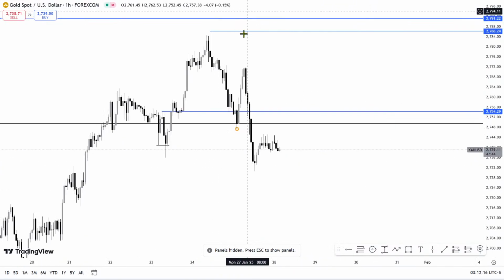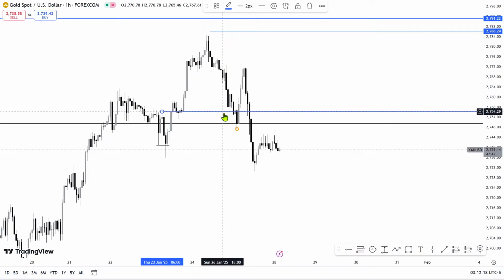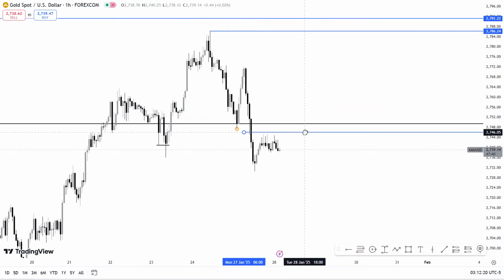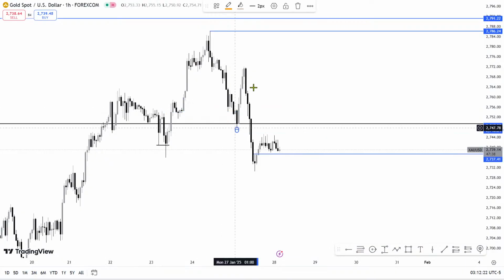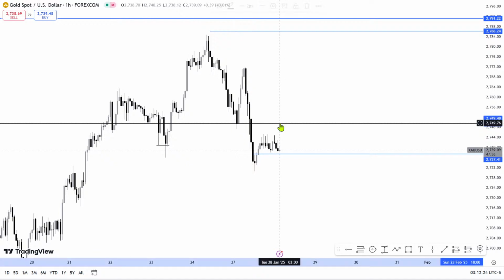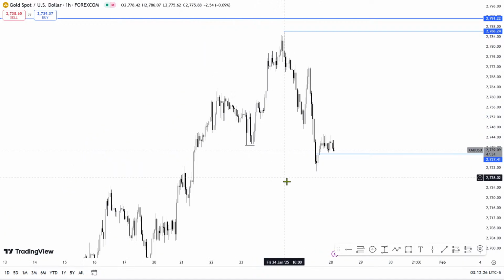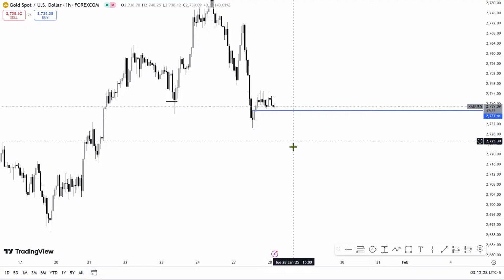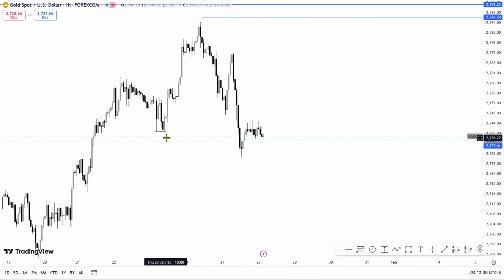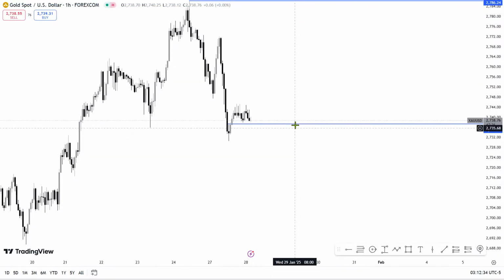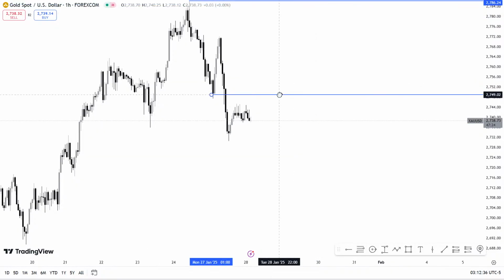Why? Because we see gold created shifting market structure bearish, showing us that gold wants to retrace deeper, at least into a discount institutional reference point on the daily time frame. So I'm looking at gold trading back into this bearish mitigation block right above and the bearish order block.